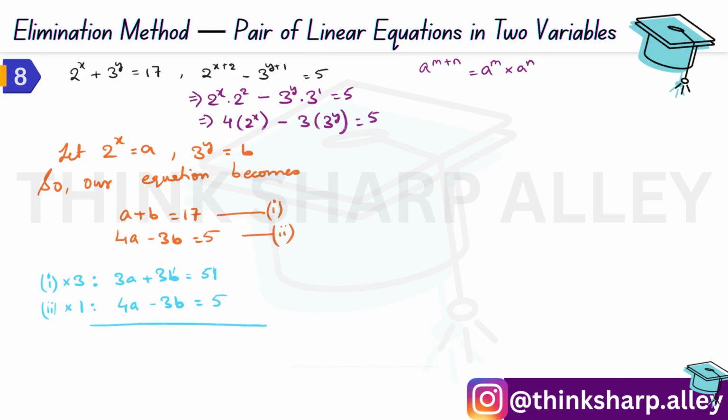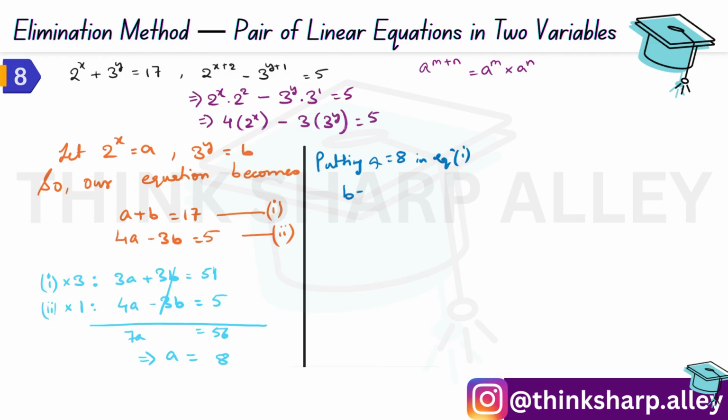And here we are going to add. So 7a is equal to 56. So that gives me a equals to 8, right? 7 8s are 56. So putting a equals to 8, obviously I'll choose equation 1. We will get b as 17 minus 8, which is 9.